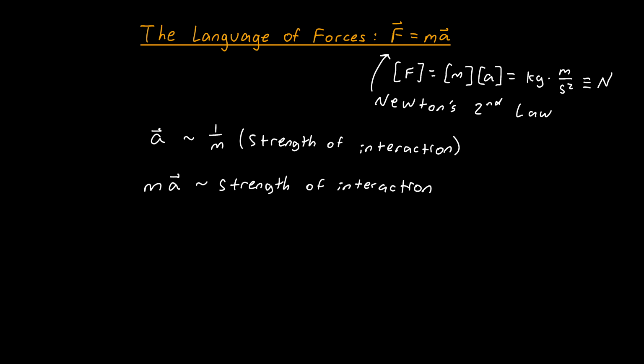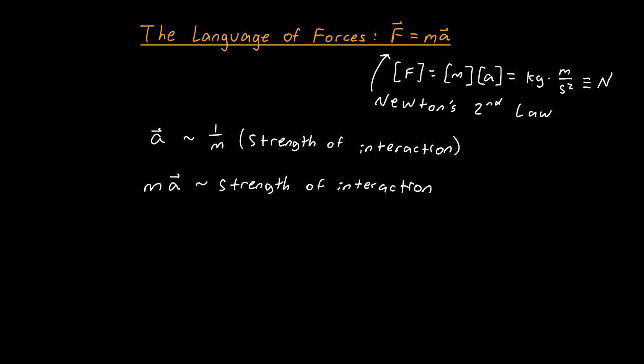So crudely speaking, this product, or the force as we will call it, is basically a measure of how hard you're pushing or pulling on something, how strong that interaction is, without considering the mass of that object, without considering its resistance to acceleration.